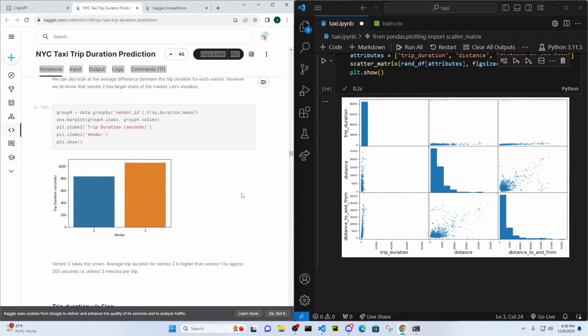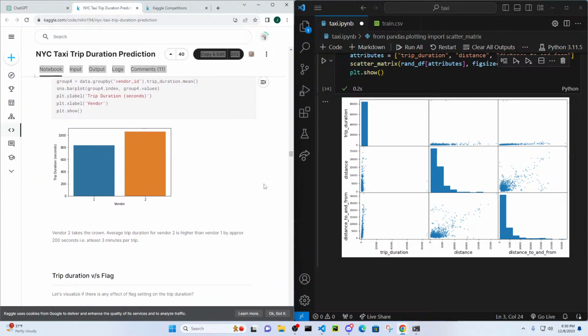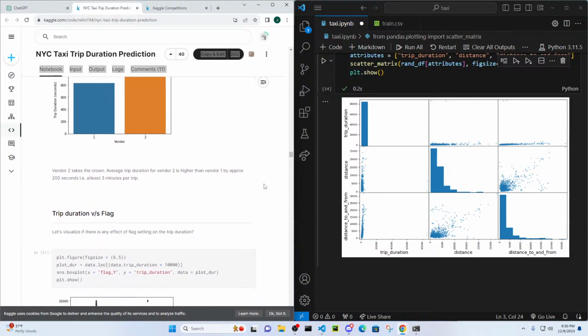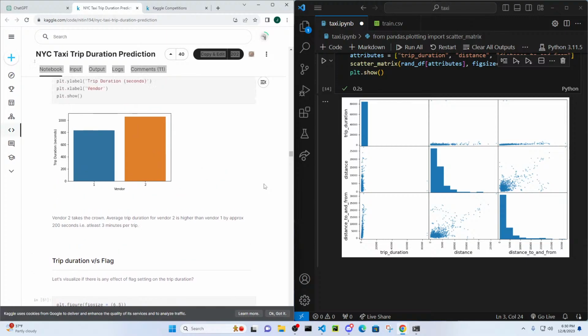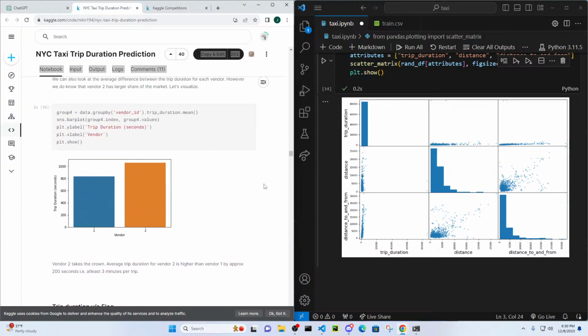Average trip duration for vendor 2 is higher than vendor 1 by approximately 200 seconds, at least 3 minutes per trip. I think that's actually kind of big when you think about how big the data set is too. So again, I wouldn't want to impute causality. He's just saying that they're correlated.